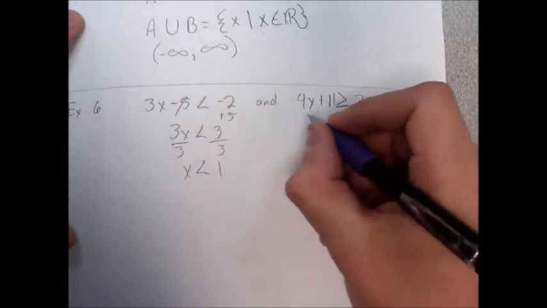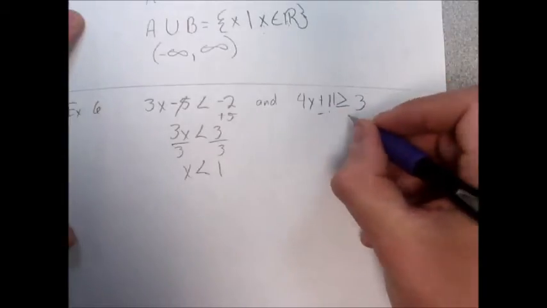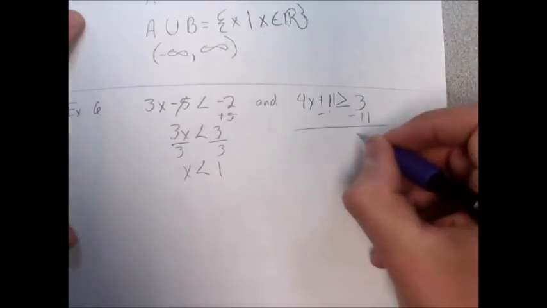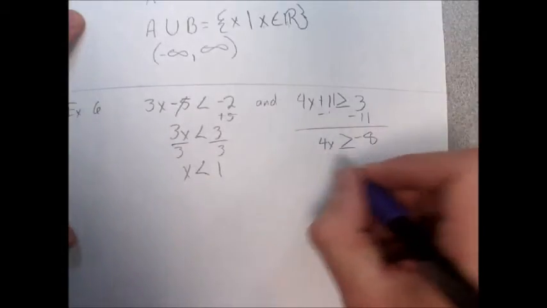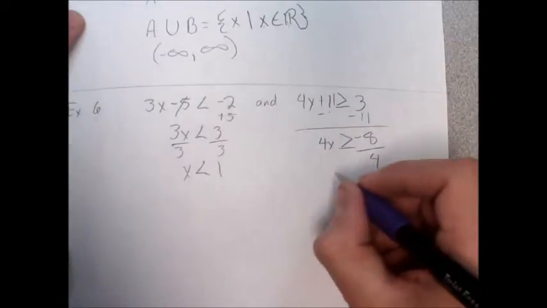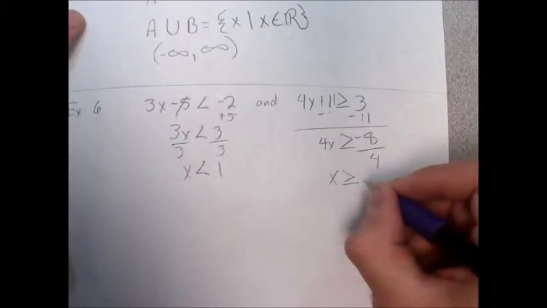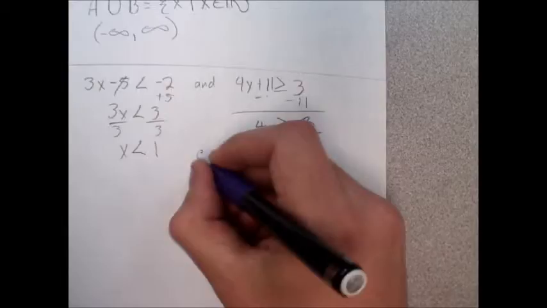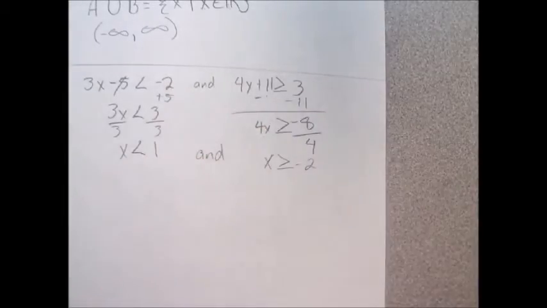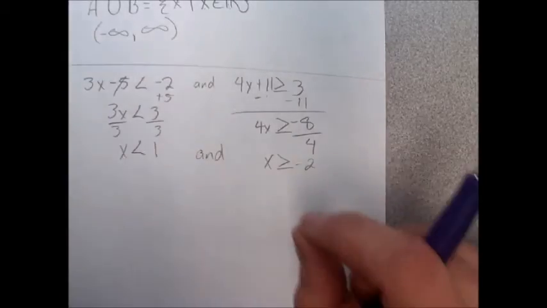Next, I need to subtract 11. I get negative 8. So I need to divide by 4 now. Okay, so now I have my two answers, and I write and in between them. It's just talking about the intersection. So it's saying that they should only satisfy where both of them share a common answer.